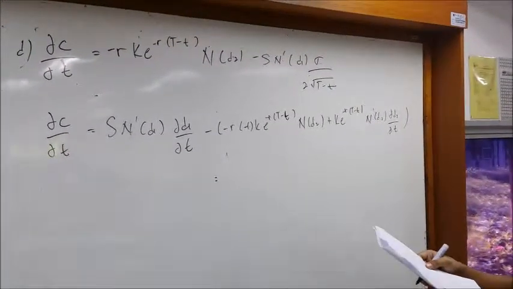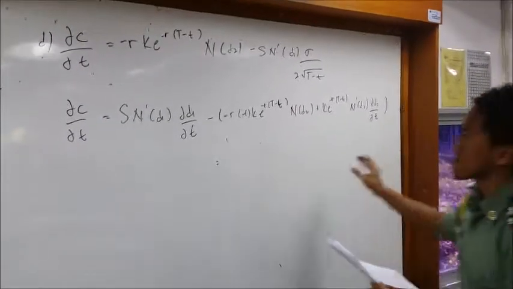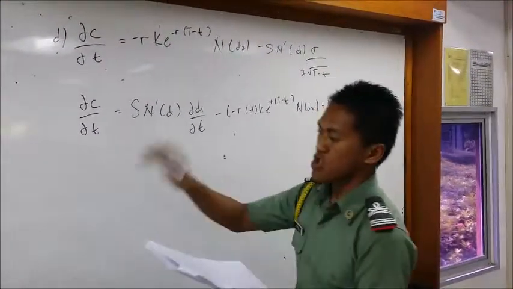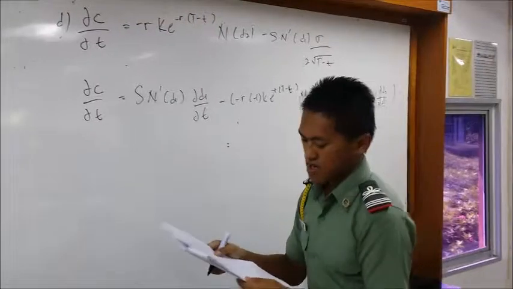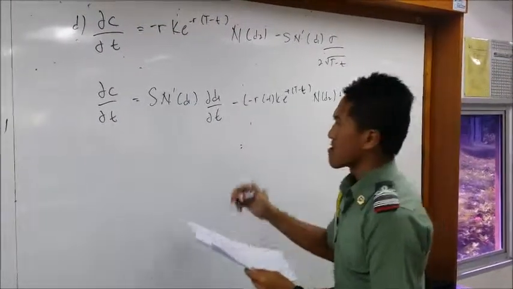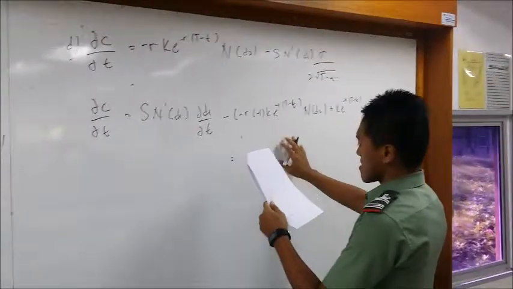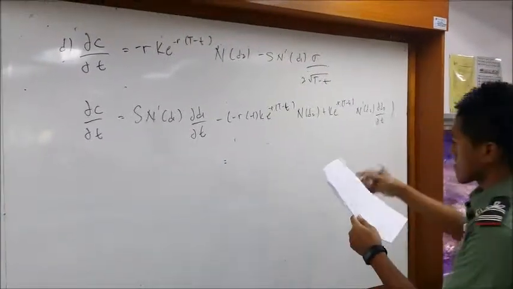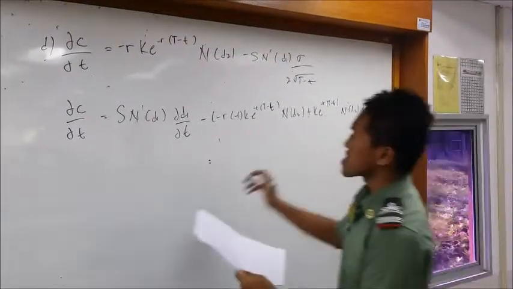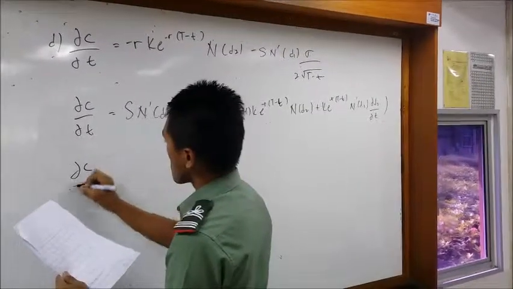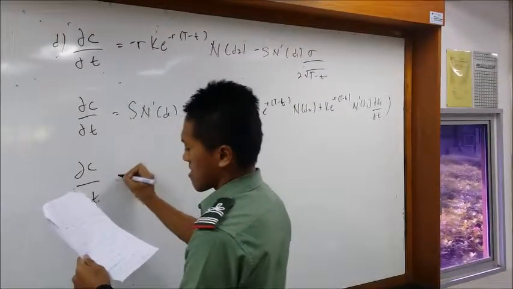After that, from question B just now, for N′ we just substitute. From question B just now, we can solve this in a shorter way.